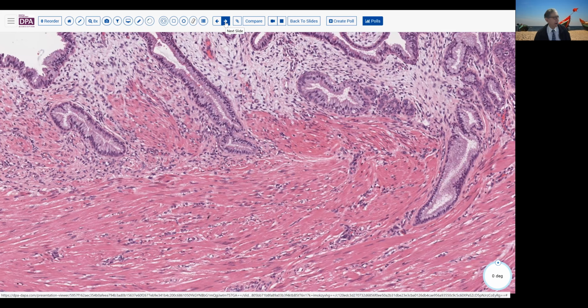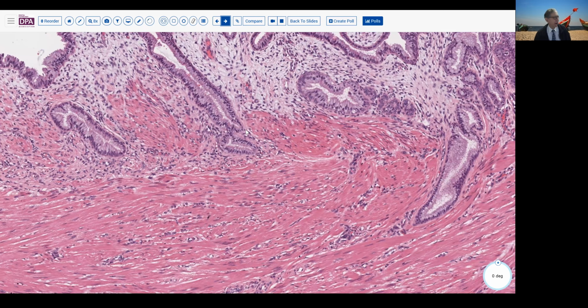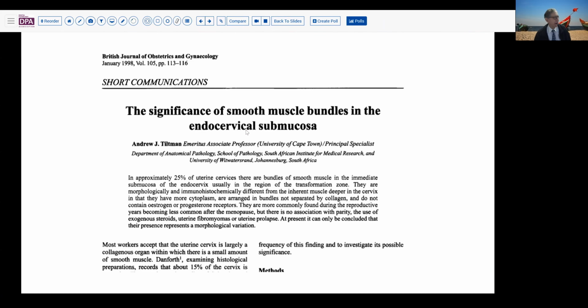It's obviously benign, not something that's going to affect the patient's longevity. But I was very intrigued, so I did a little further search and came across a quite interesting study from about 20 years ago, from an emeritus professor from the University of Cape Town, describing his findings in a couple of series of hysterectomy specimens looking for this type of smooth muscle.